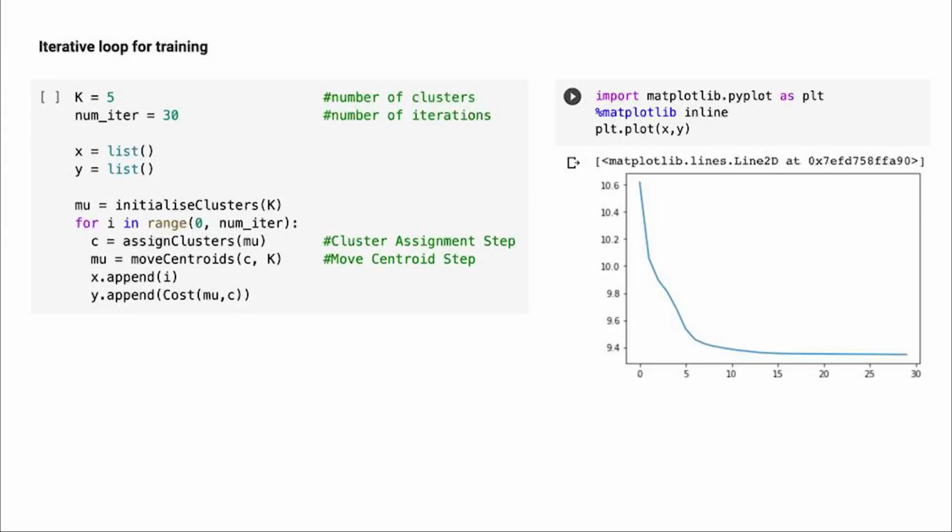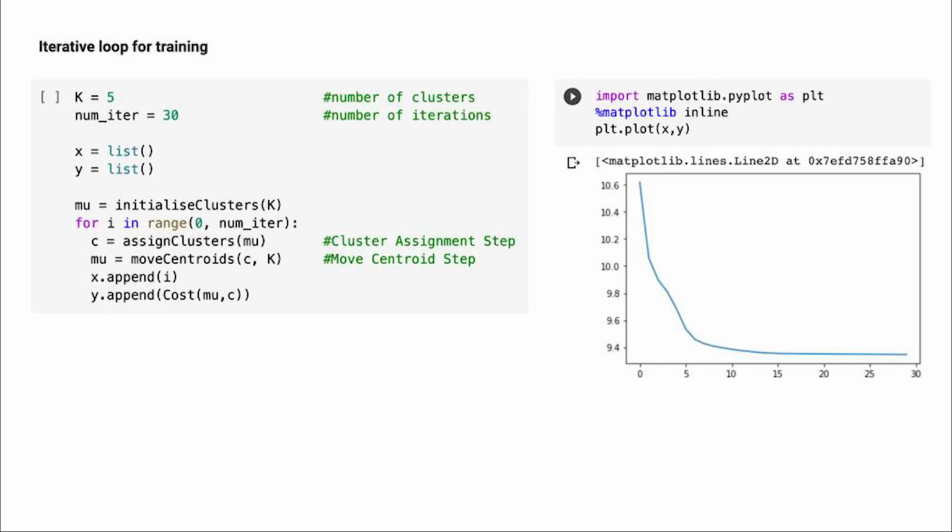We have initialized two lists as well, and this will help us in our plot, which I will explain later. So we start with initializing our clusters. We give it the k, and we have our randomly initialized cluster centroids in the list named mu.